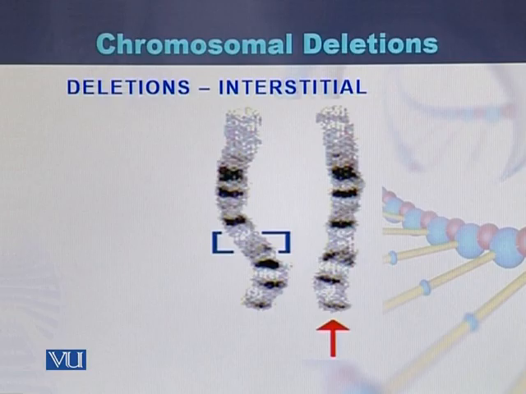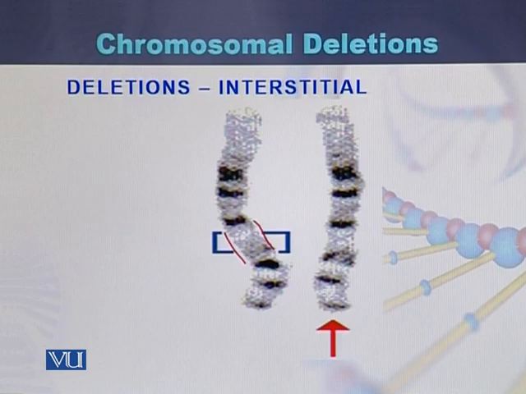In this diagram, we can see how fragments are deleted within the chromosome. If we compare the two chromosomes, this fragment is the larger one, and from here a small portion of the chromosome has been deleted.